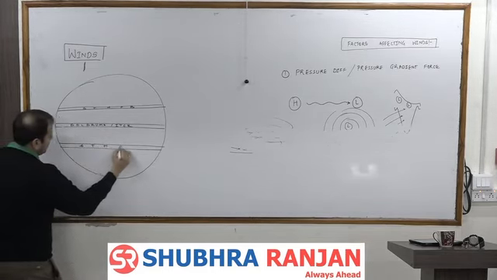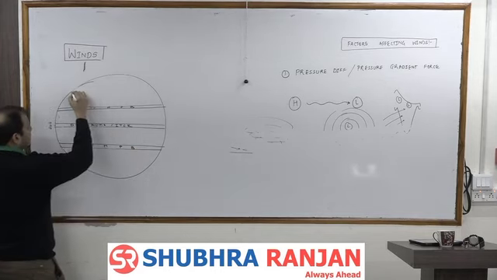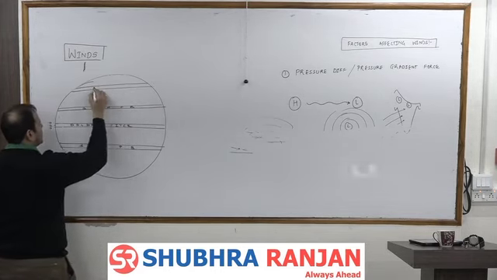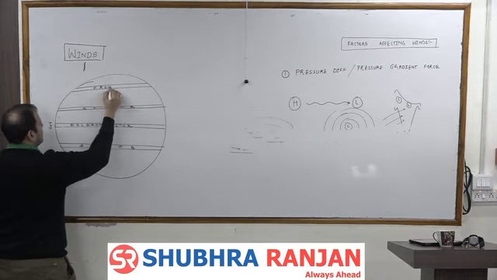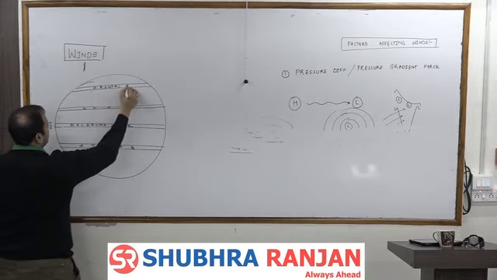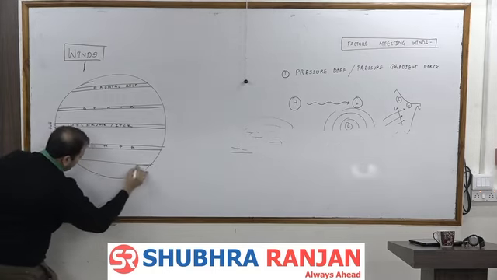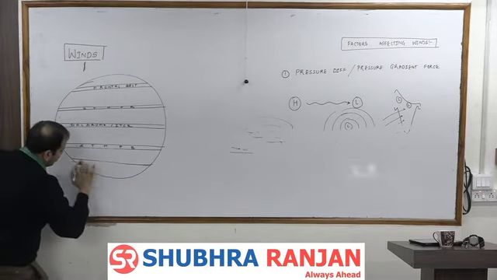Subtropical high pressure belt. This is subpolar low, or the belt of fronts. So I'll write this just as a frontal belt. Subpolar low, or the belt of fronts.